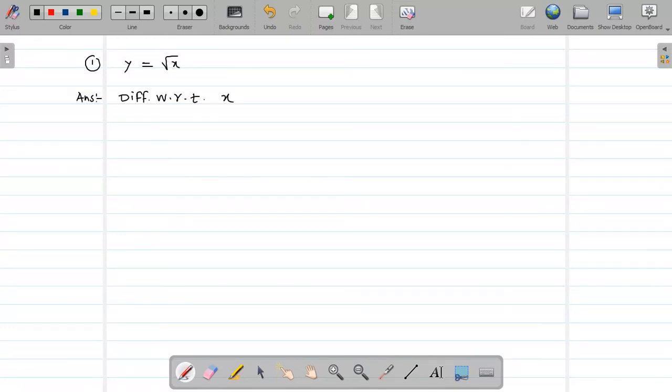So what is dy by dx? Very simple. Derivative of root x, all of you know, is 1 upon 2 root x. Now this we will always call the first order derivative. Just to understand, I have written first order derivative here. So this is dy by dx, that is 1 upon 2 root x.